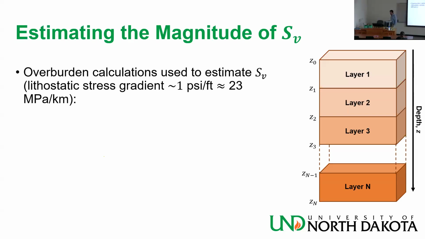This translates to 23 MPa per kilometer in SI units. Every kilometer of depth, 23 MPa. Every foot of depth, 1 psi.